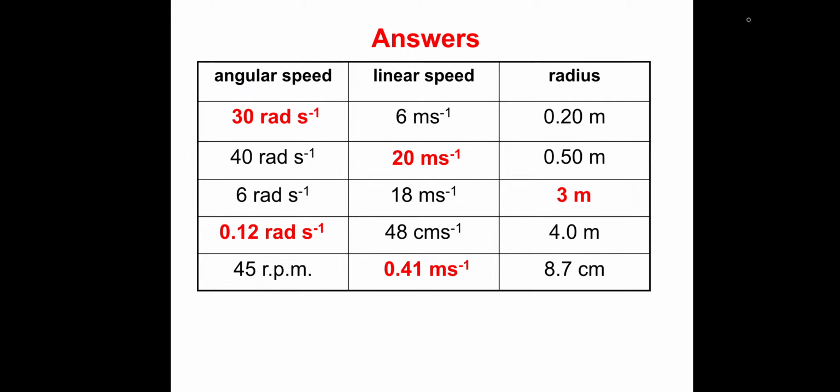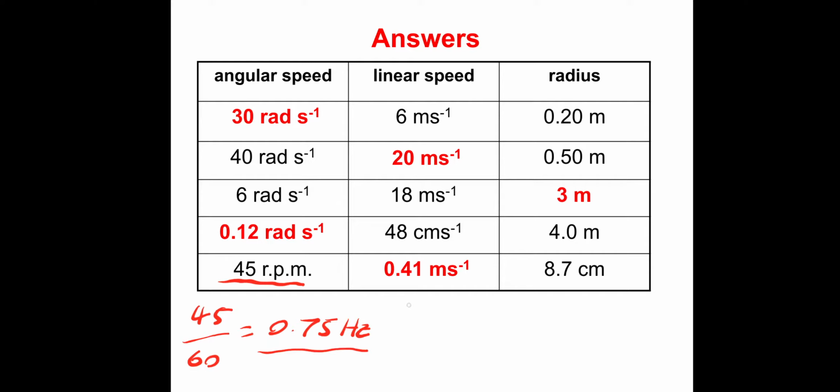So here's the table. The problem was we had to figure out the linear speed, but the issue really was figuring out what 45 revolutions per minute meant in terms of angular speed. If we divide 45 by 60, that gives us the revolutions per second: 0.75 revolutions per second, which is the frequency, 0.75 hertz.